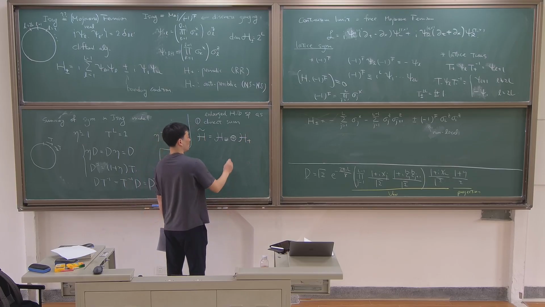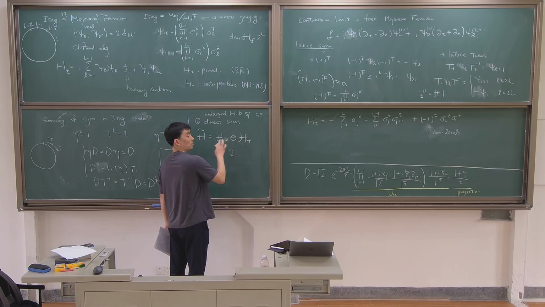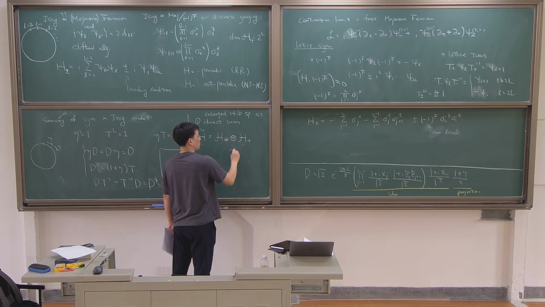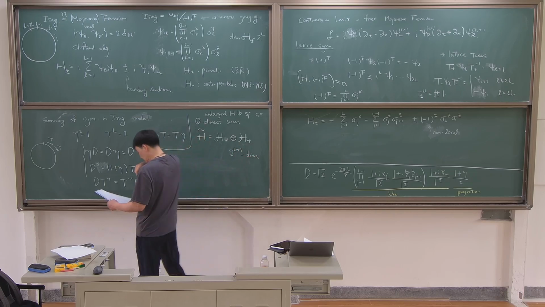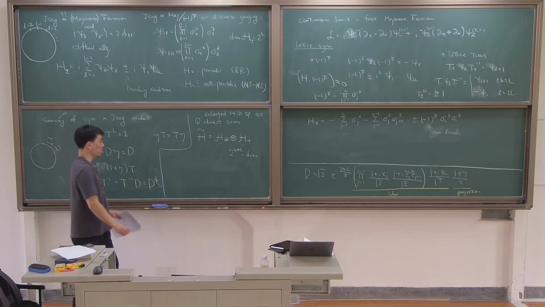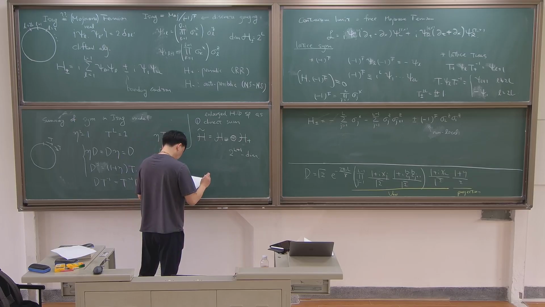Each Hilbert space has dimension 2 to the L, but you have 2 copies of them, so H tilde has dimension 2 to the L plus 1.